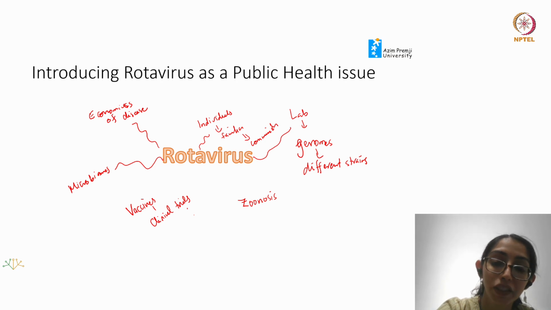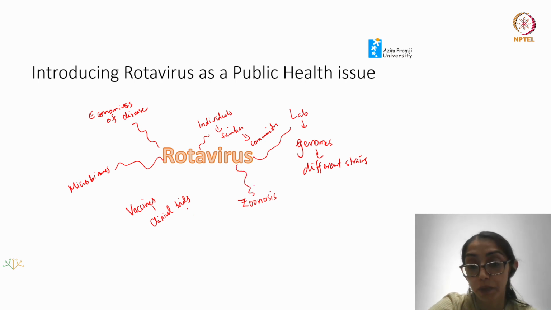You might be interested in veterinary science when you're studying zoonosis, or you might be a pathologist or a physician studying how zoonotic transmission influences the presence of a pathogen in a population.